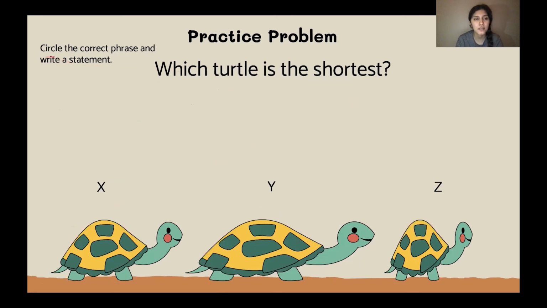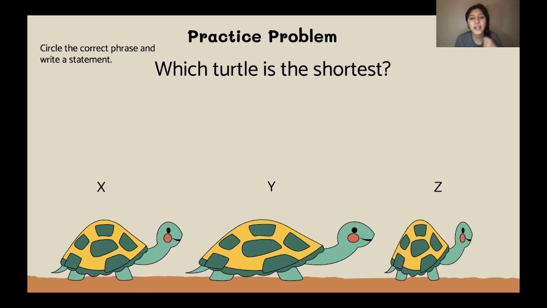Now it says the directions changed. It says circle the correct phrase and write a statement. So which turtle is the shortest? Is it turtle X, turtle Y, or turtle Z? So out of all three of them, which one's the shortest?